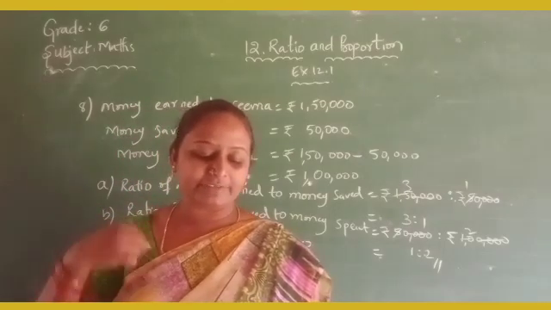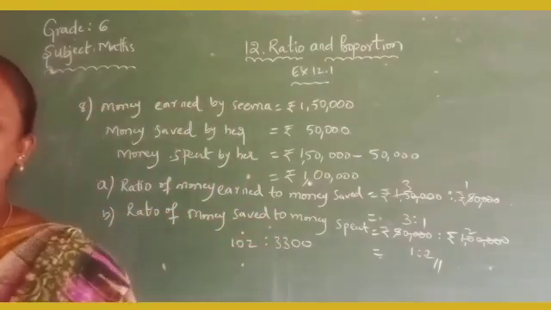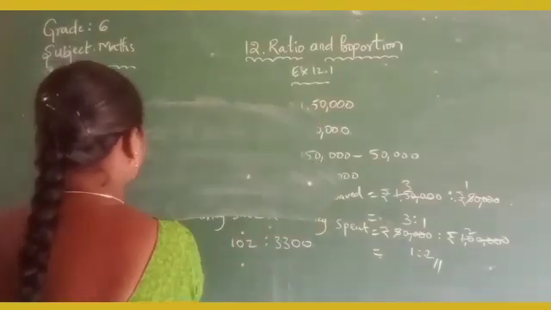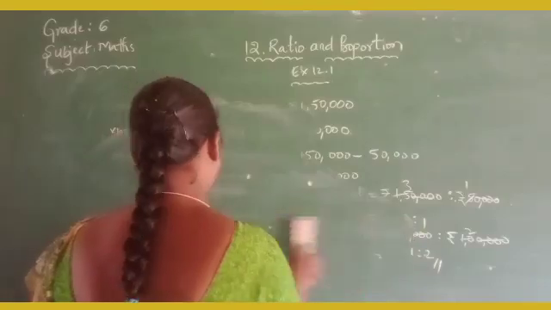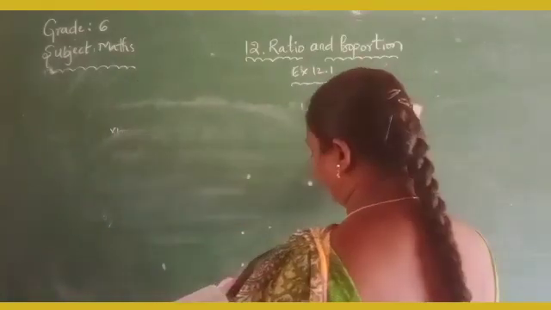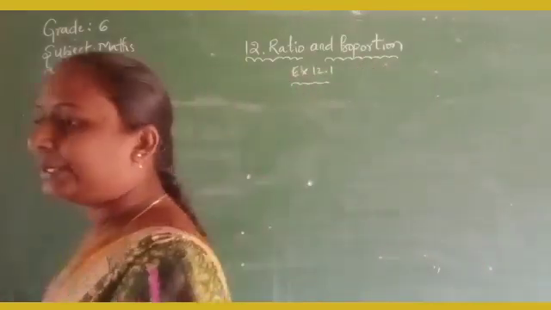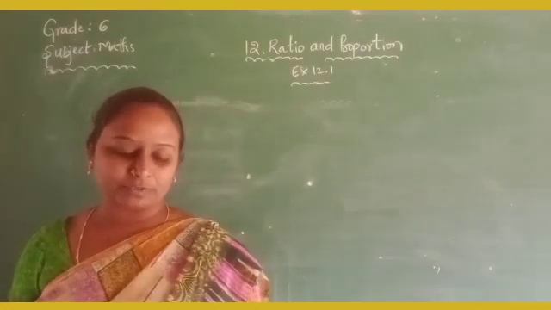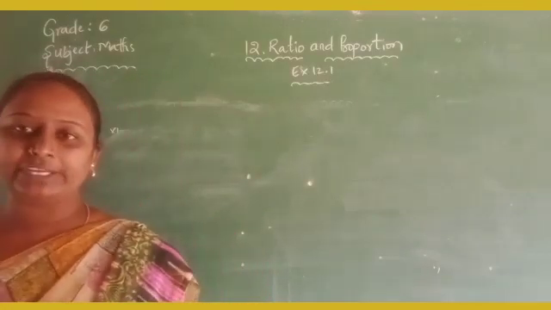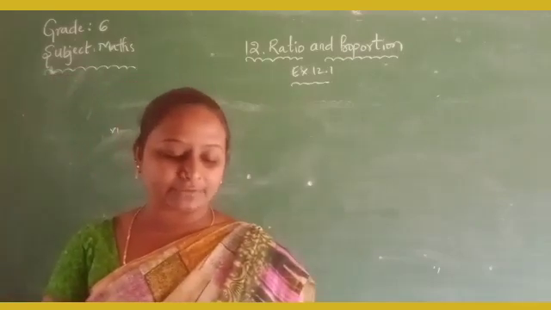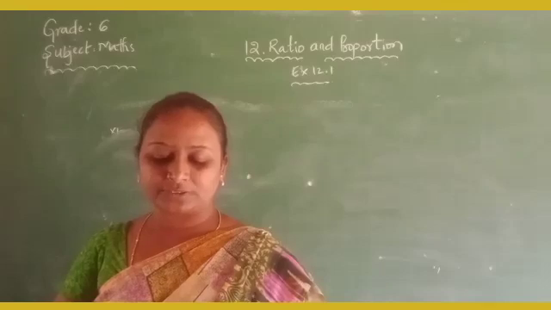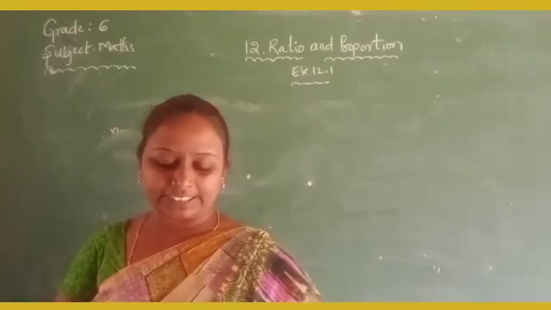See, next is the 11th question. Out of 1800 students in a school, 750 students opted for basketball, 800 opted for cricket, and the remaining opted for table tennis. If a student can opt for only one game, find the ratio of the number of students who opted for basketball to the number of students who opted for table tennis.